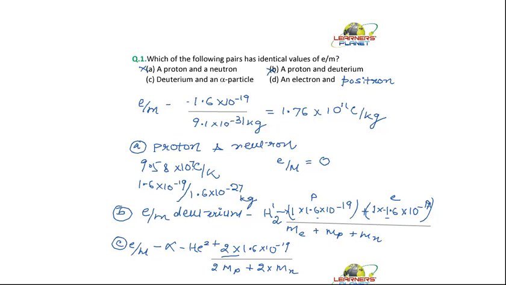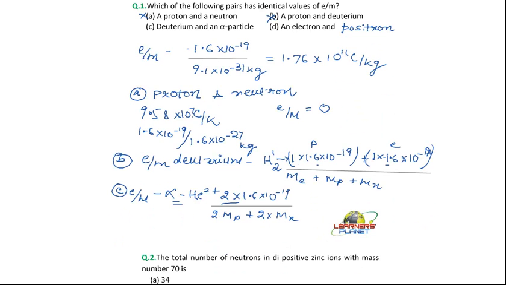So we take the mass of proton and neutron as identical. Can we say that it is 1 by 2 of the specific charge of proton? Can we say like that? Right. So the alpha particle has a different specific charge. We calculated. So that is also not the right option.